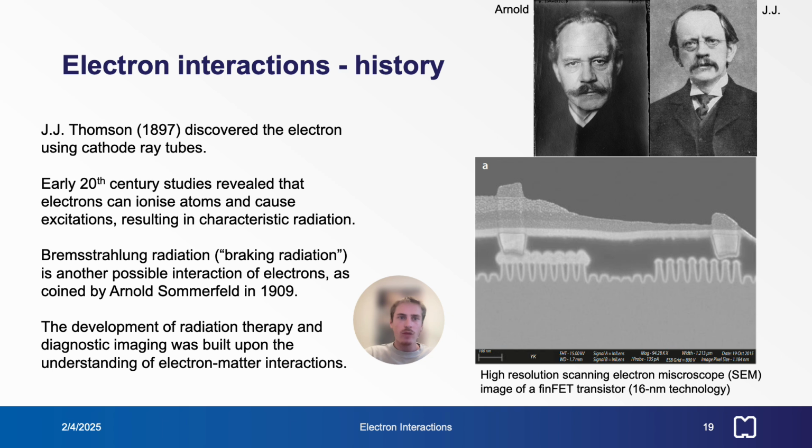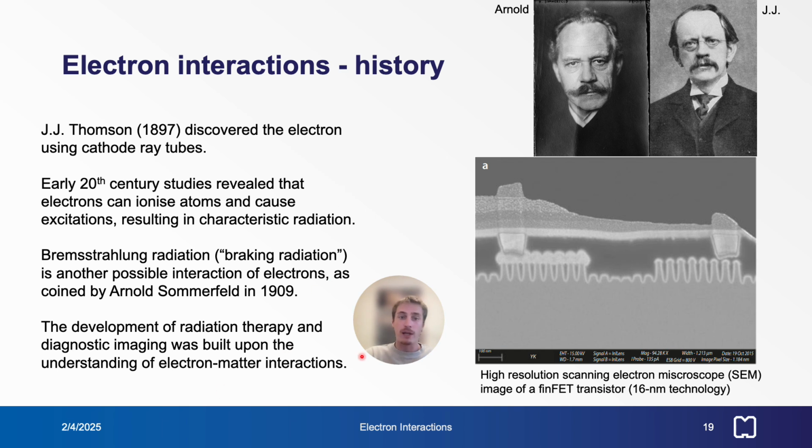J.J. Thomson in 1897 discovered the electron using cathode ray tubes. Early 20th century studies revealed that electrons can ionize atoms and cause excitations, which, as we know, result in characteristic radiation. Bremsstrahlung radiation, meaning breaking radiation in German, is another possible interaction of electrons, which was coined by Arnold Sommerfeld in 1909.